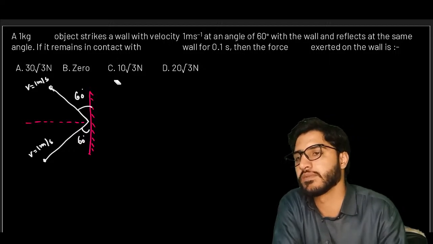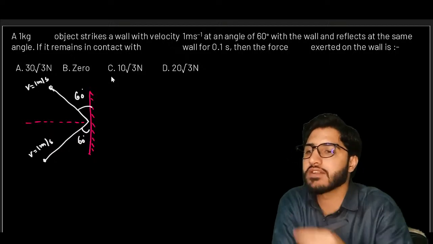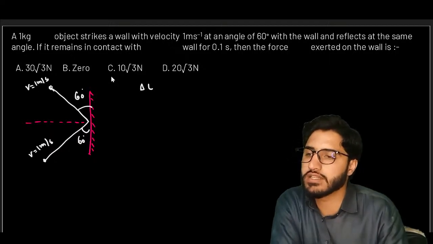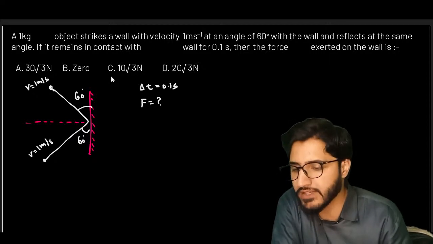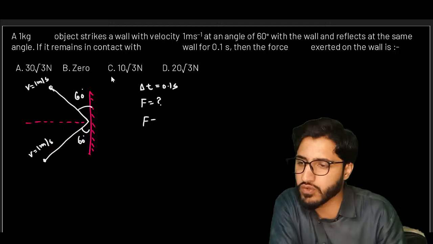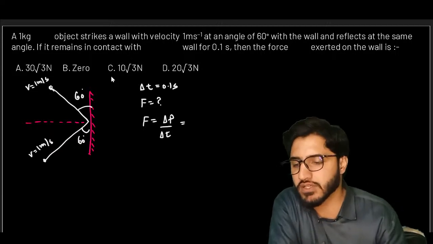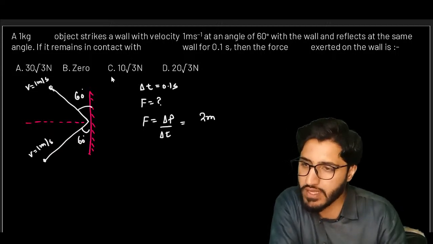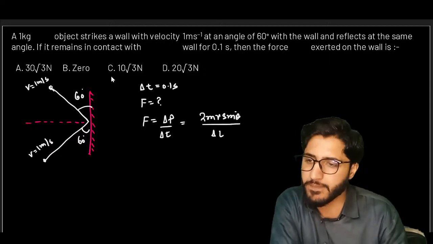Then we have to find out the force if it remains in contact with the wall. Delta t is given to be 0.1 second. How can we get the force? We know the equation: force equals change in momentum by time. The change in momentum in this case is 2 mv sine theta, whole divided by delta t.